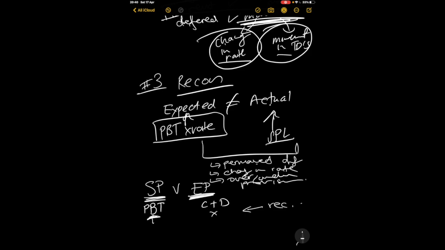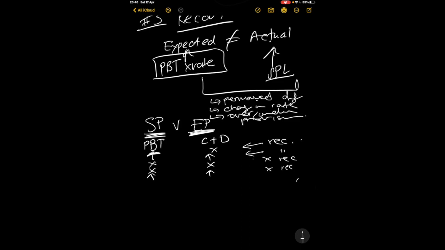If there's something in your end point that's not in your starting point, that again is a reconciling item. If something's not in your starting point and not in your end point, or if it is in both, then it is not a reconciling item.